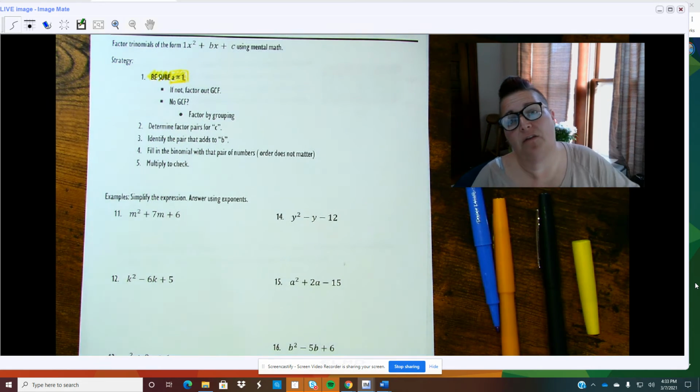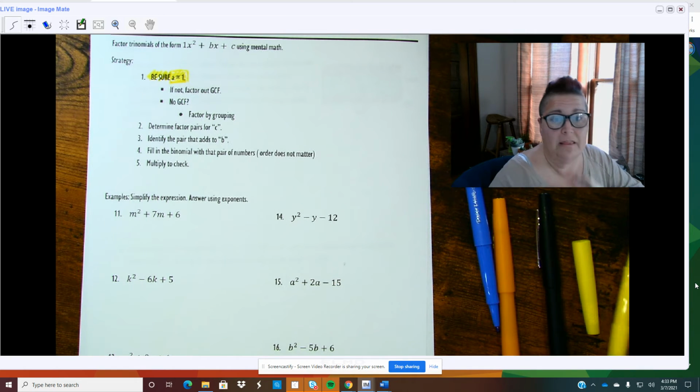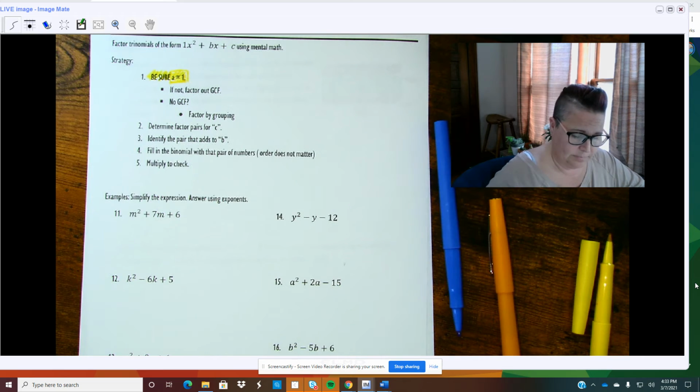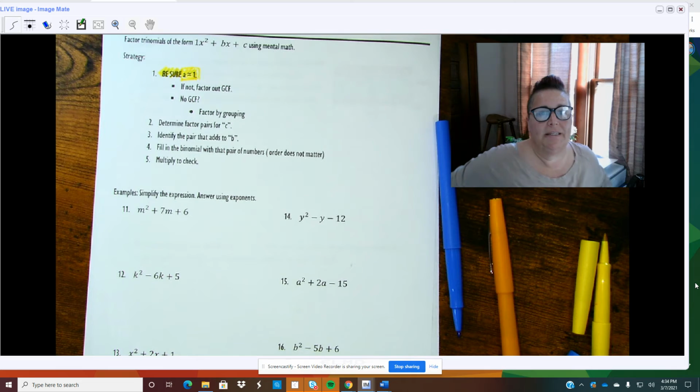If our A value, our leading coefficient, is 1. If your leading coefficient is not 1, this short circuiting using mental math will not work. It simply will not work. You will get them all wrong, okay? So, one simple check.